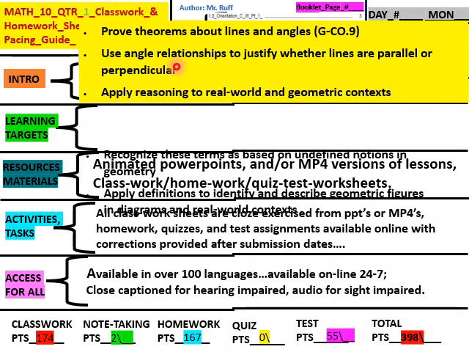Another standard for week 1 is prove theorems about lines and angles, G.CO.9. Use angle relationships to justify whether lines are parallel or perpendicular, and then apply reasoning to real-world and geometric context.